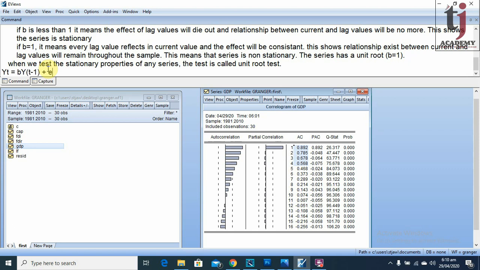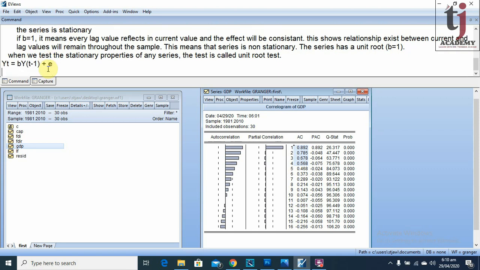If this is our equation, this is the small derivation of Dickey and Fuller. Subtract yt minus 1 on both sides.